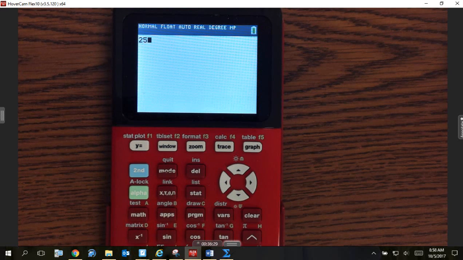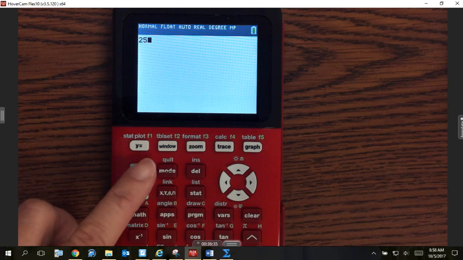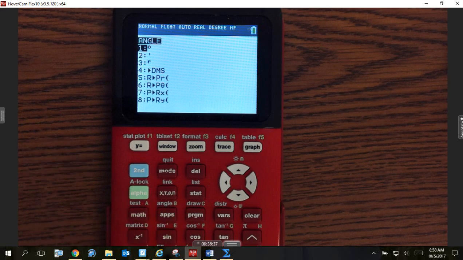Okay, and then there's this button that says angle. Do you see it? Second apps. That's the angle button. That's where we're going to find most of the stuff. If you go to second apps, you see that one is a degree symbol. So type that in.